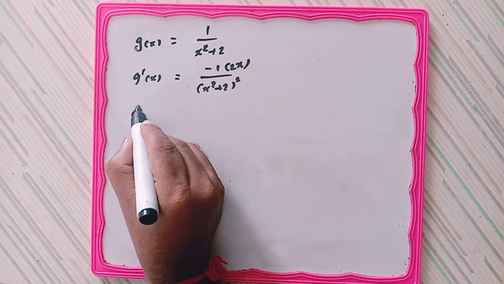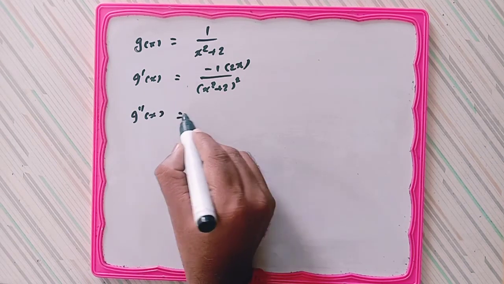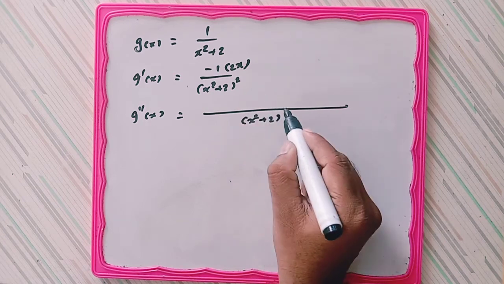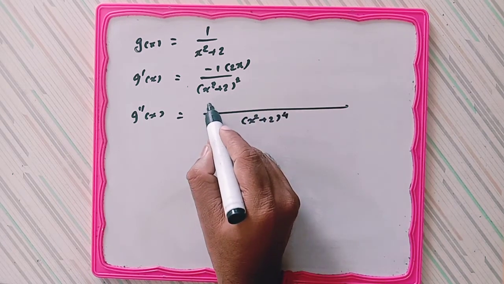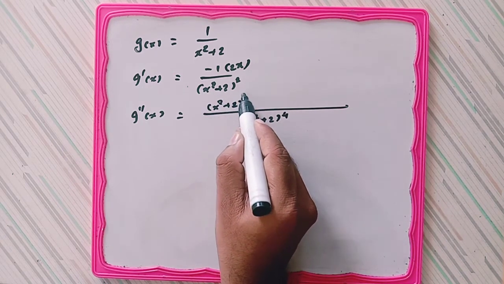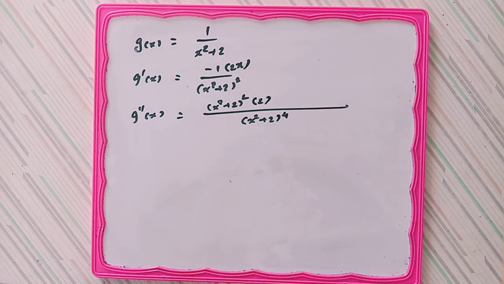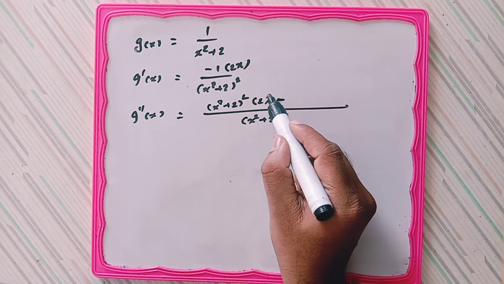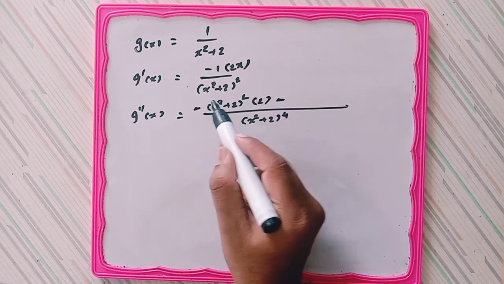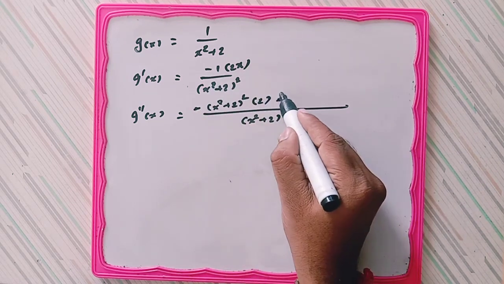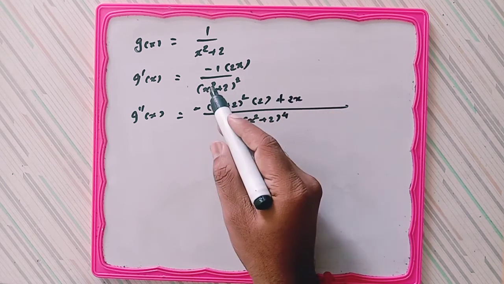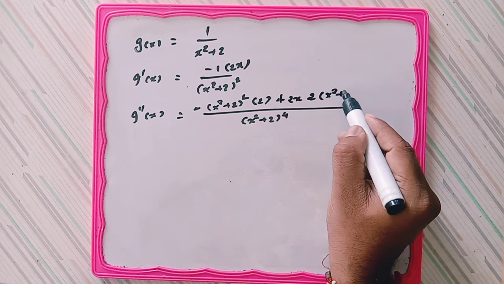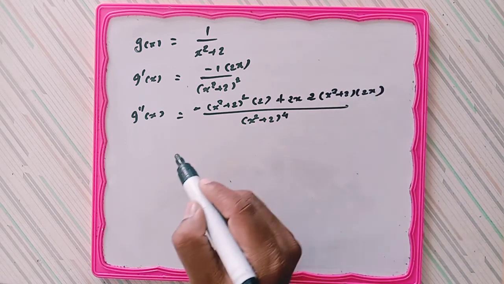Now g double dash x we will have x square plus 2 square, so it is 4 power x square plus 2 whole square as it is, and 2x differentiation 2 minus sign here, so minus of minus plus 2x as it is, and x square plus 2 whole square differentiation, and 2x square plus 2 into 2x.